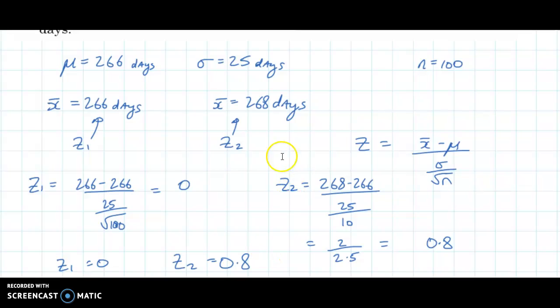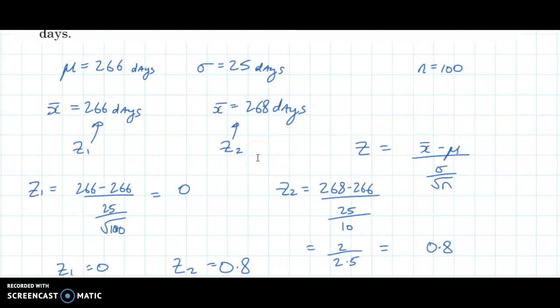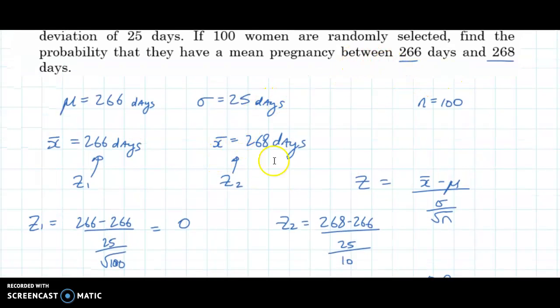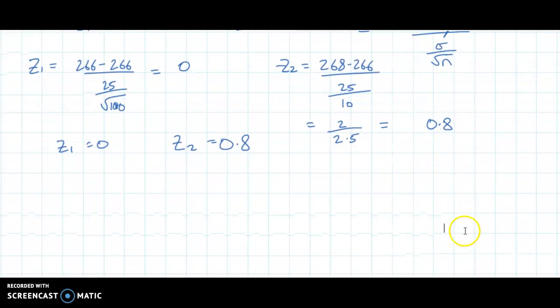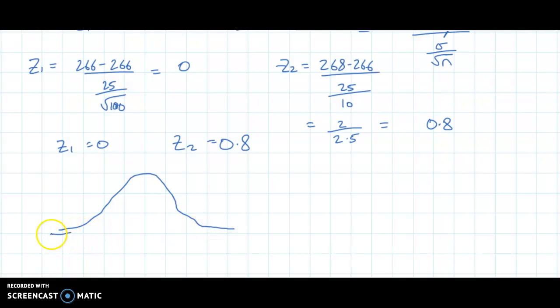Now, the probability that we have a mean between 266 and 268 is going to be equivalent to the probability of getting a Z score between 0 and 0.8. You can look this up in the back of the exam table or in your log tables. And here's our Z distribution.